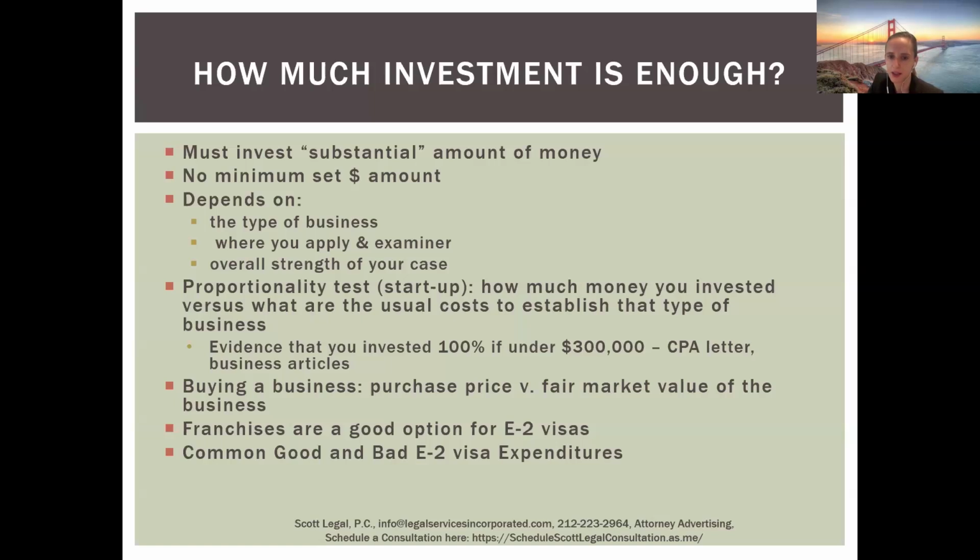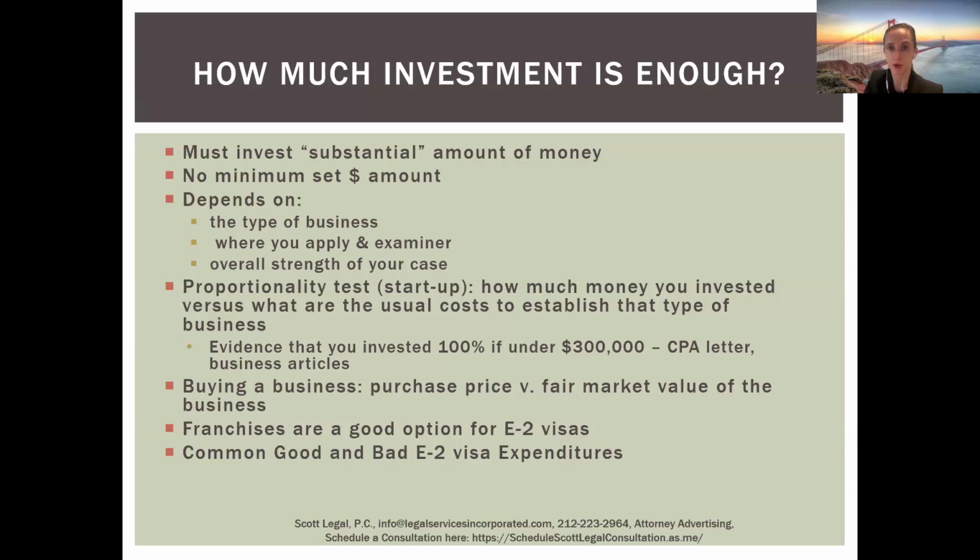So regarding the investment amount, what the government uses is the so-called proportionality test. They usually look at how much money you invested, and what the usual costs are to establish that type of business.